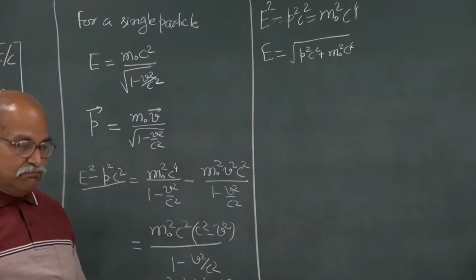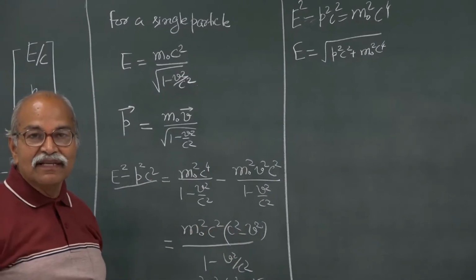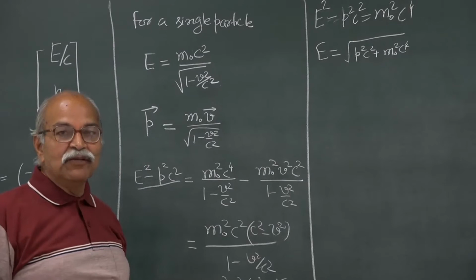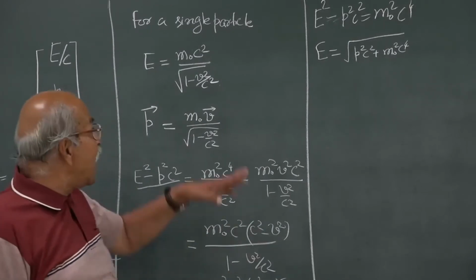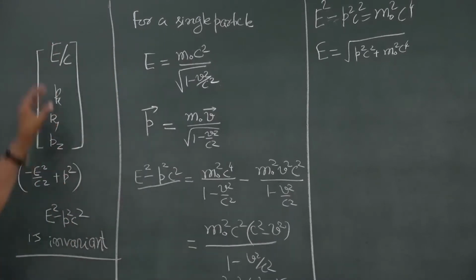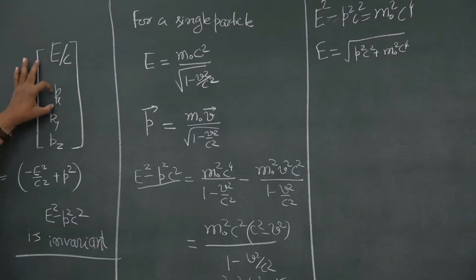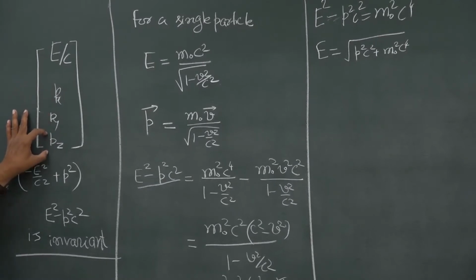If you have a combination of two different particles, and then you write total energy E1 plus E2, then you write total momentum P1 plus P2, you still have a 4-vector. The total energy of the two particle system, the total linear momentum of the two particle system x component, y component, and z component.